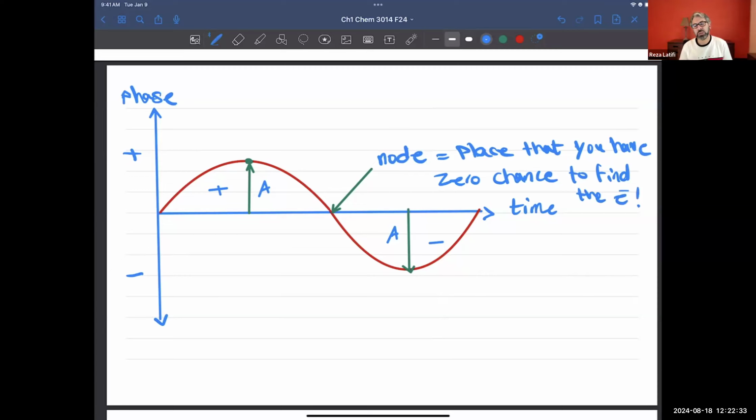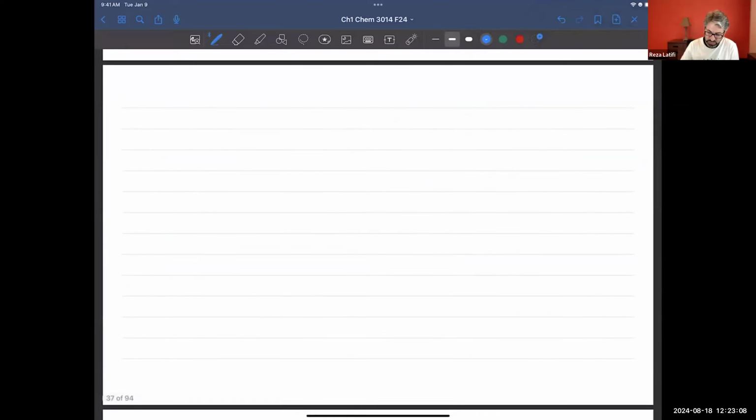Usually we show it like this: psi squared is the probability of finding the electron, and psi squared is equal to 0 inside a node. One common node for any orbital, regardless of its nature, is the nucleus. You have zero chance to find any electron inside the nucleus. And when we are talking about the p orbital, we say it has two lobes, positive and negative.